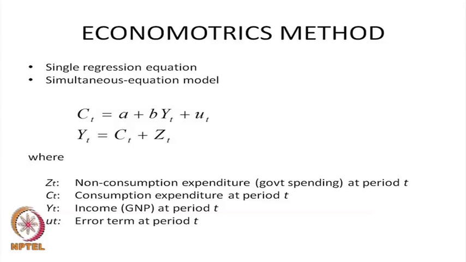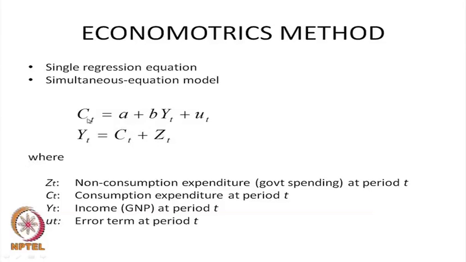We now come to the econometrics method. Basically, econometric methods can be a single regression equation, such as the one that we have already discussed, or they can be simultaneous equations such as the two equations that I have written.